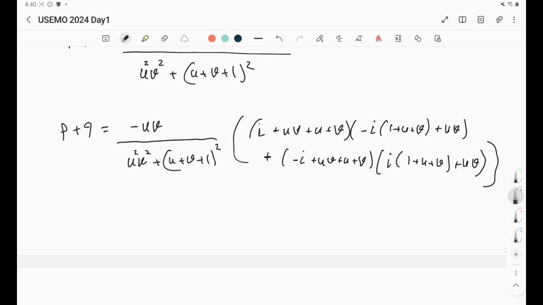So let's try. Do we have some trick here? If you look at this expression and this expression, what's the difference between them? You can easily see that the only difference is the I, right? They are literally the same. Here we have I, here negative I, here negative I, here I.